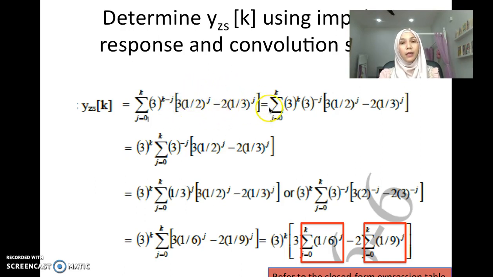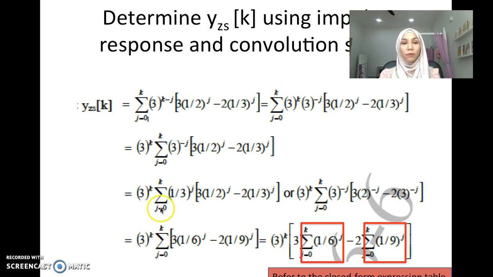Okay, and then you expand the equation from j=0 to k, 3^(k-j) times 3(1/2)^j minus 2(1/3)^j. Then put the 3^k outside of the summation, and 3^(-j) is the input, and this is the impulse response. 3^(-j) times (1/3)^j.